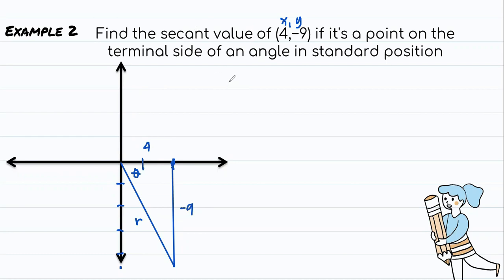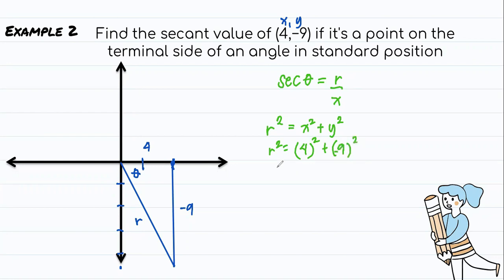For solving for secant, the formula is secant theta is equal to r over x. Since we need to look for the value of r, let's solve it again using the Pythagorean theorem. So r squared is equal to x squared plus y squared, which is 4 quantity squared plus negative 9 quantity squared.